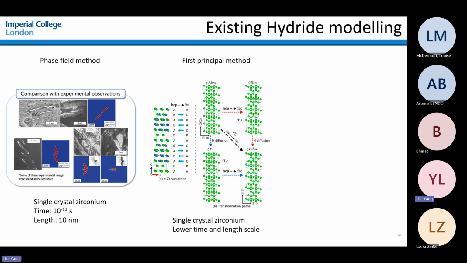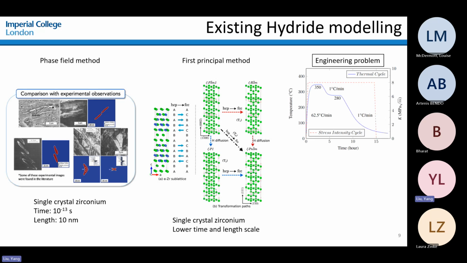The first principle method has lower time and length scales. And back to the actual engineering problems, it has to go through very long thermomechanical cycles within hours. And also the temperature range could be changing drastically during this long stress holding period and temperature holding period.